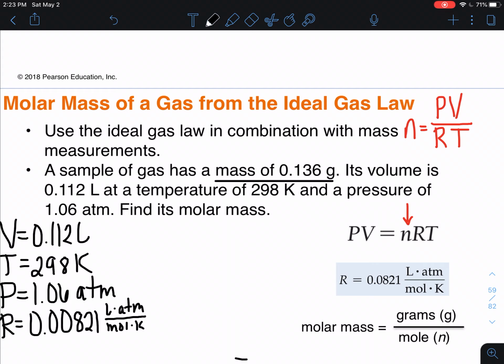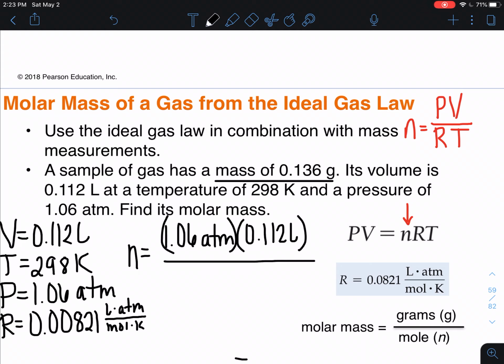So I have n equals P, which is 1.06 atm, V, which is 0.112 liters, R is 0.0821 liter atm per mole Kelvin, and then multiply by temperature, which is 298 K. All right.